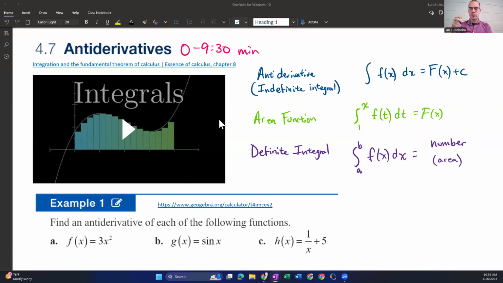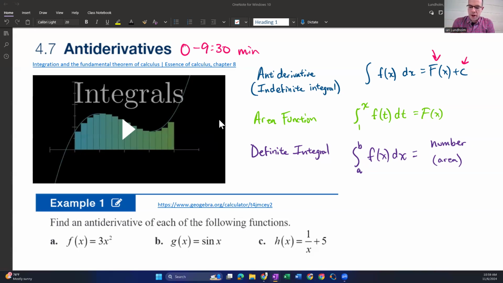Whenever we try to think of this parent function, f of x, we're either reversing the power rule or maybe cosine turns back into sine, something like that. But there's also this extra thing that comes out of here, a plus c.